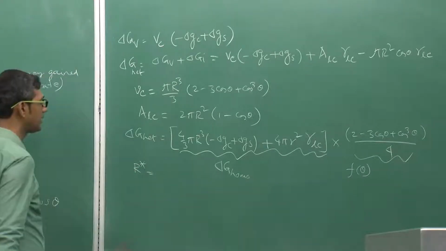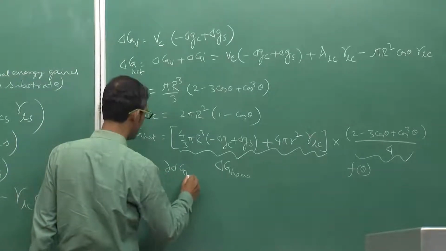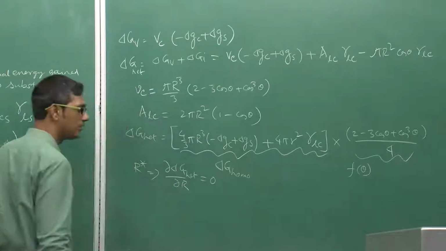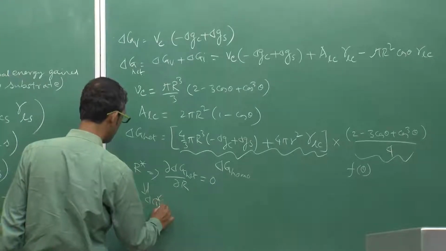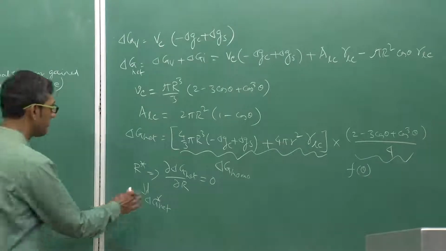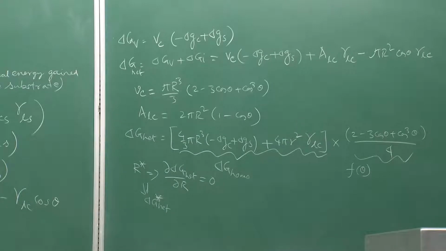That is, by putting the derivative of delta G heterogeneous with respect to r equal to 0, you can then calculate delta G star heterogeneous, the height of the nucleation barrier. All these things can be easily calculated.